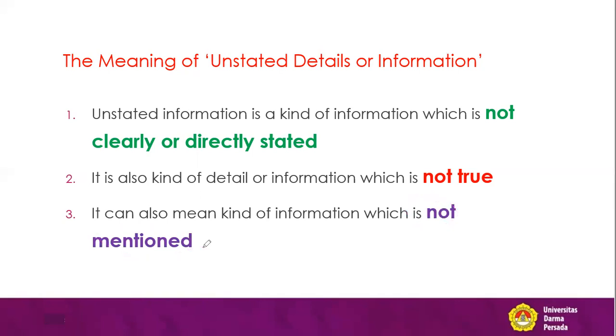That means there is a question and there is some other information in the reading text, but you cannot find the information that you have in option A, option B, option C, or option D. So for example, you have a question and then you have options A, B, C, D, and you find the information about option A that is correct, and option B that is correct, and option C that is correct.